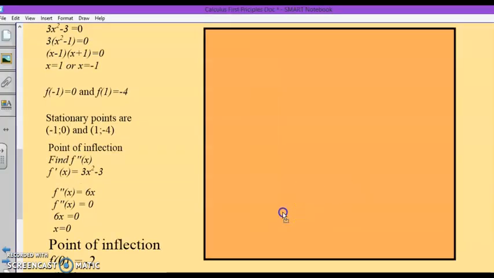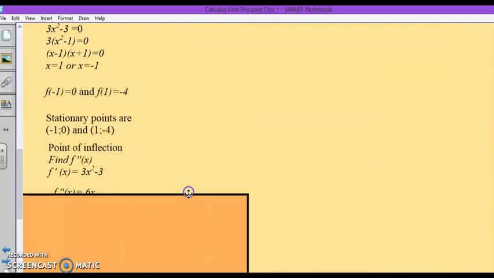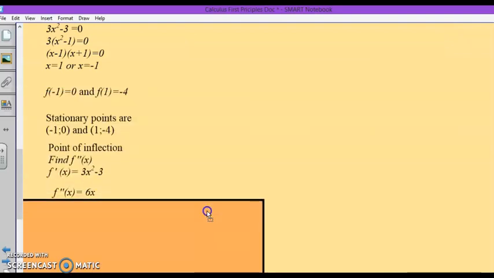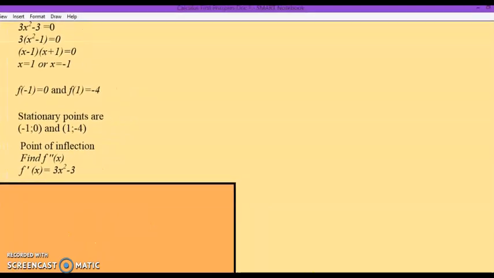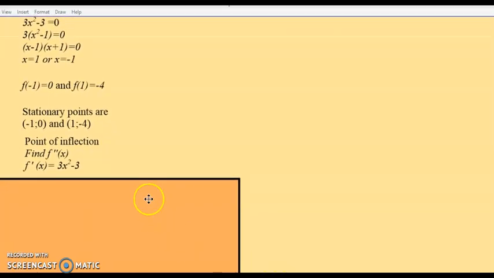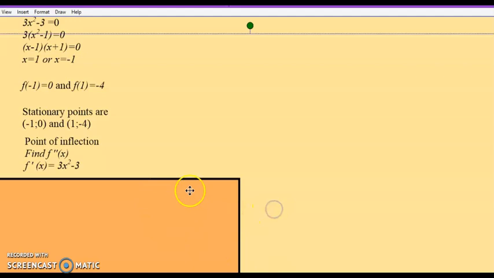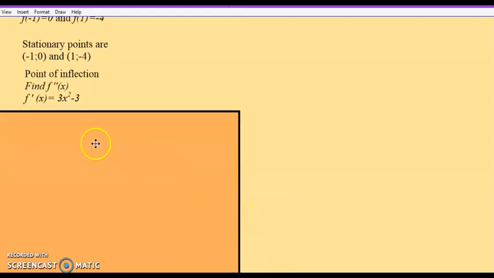Now we will find the point of inflection, and in order to find it, we need to find the second derivative. How do I calculate the second derivative? The second derivative is obtained by calculating the derivative of the derivative. The derivative of the function was 3x squared minus 3.